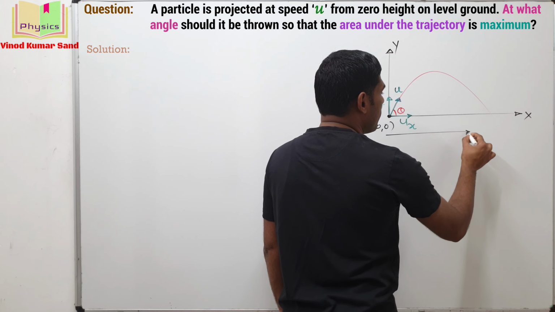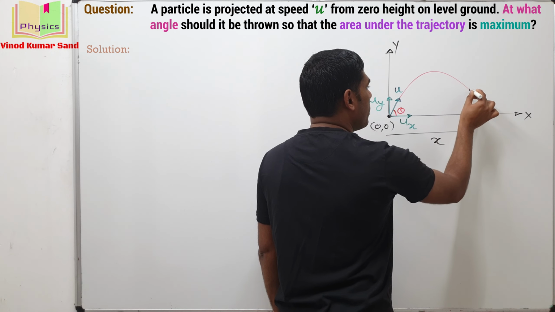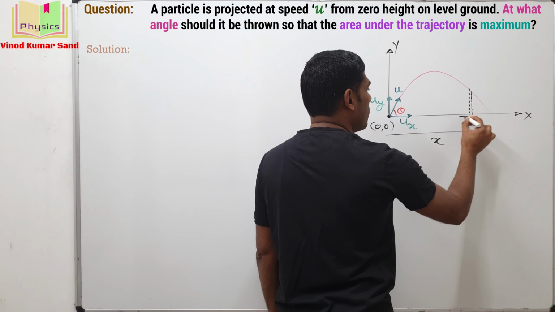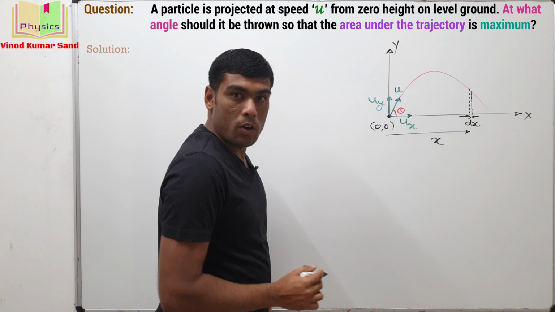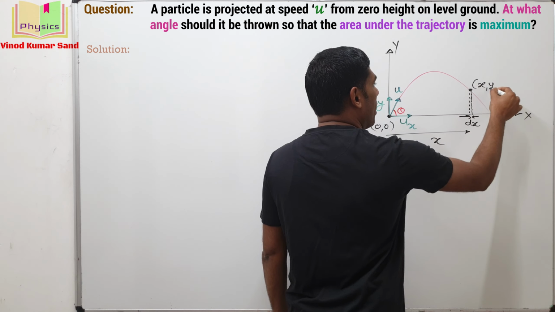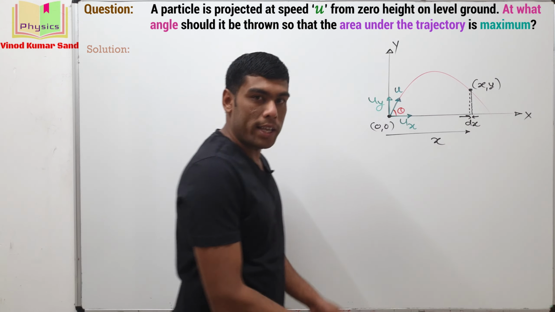We go to a distance x, and at this distance x, we take a very small width dx. This very small width is dx. Got it? So the coordinates of this point are x, y. This distance is x, this distance is y.